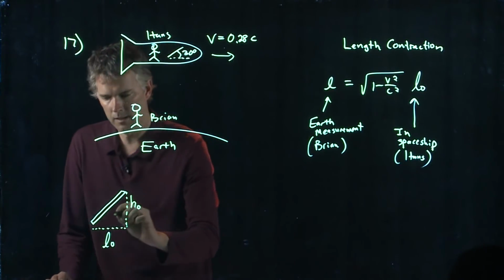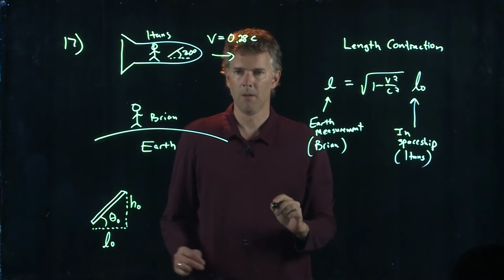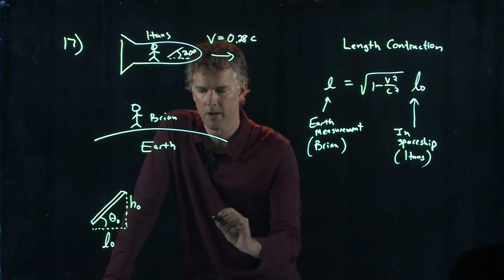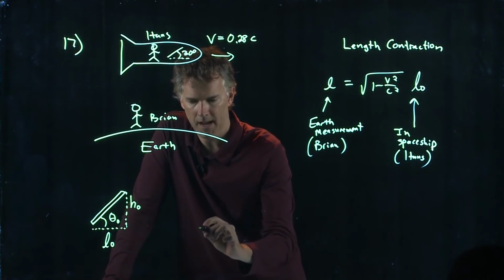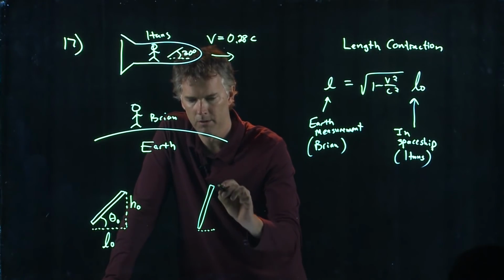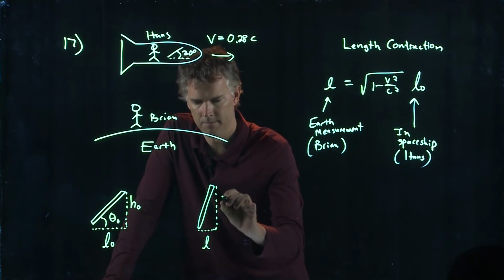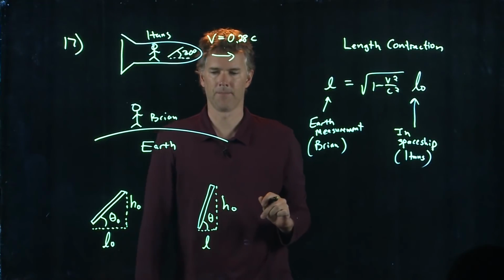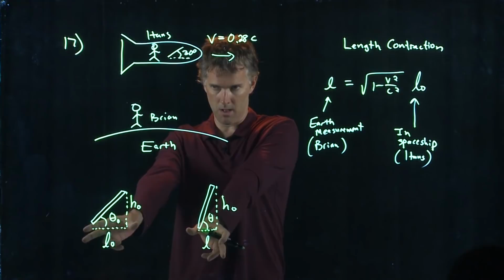And this angle, let's call theta naught. But when it starts moving and Brian takes a measurement of it, L naught shrinks. H naught stays exactly the same. And so in fact, the pencil looks like it is more upright. Let's call that angle theta. H naught stays the same, but the L shrinks.